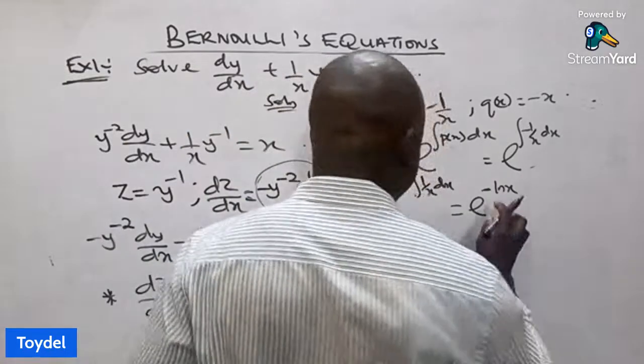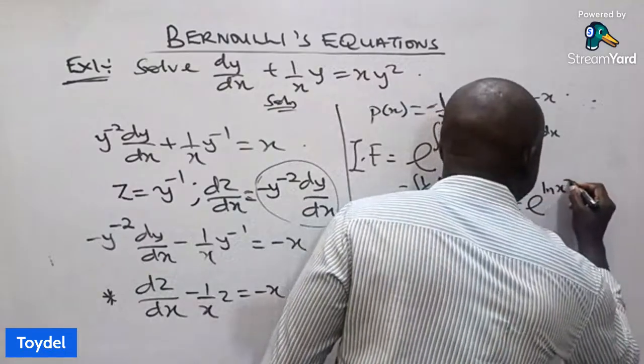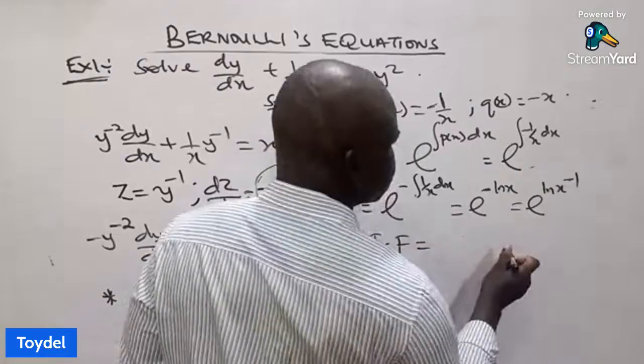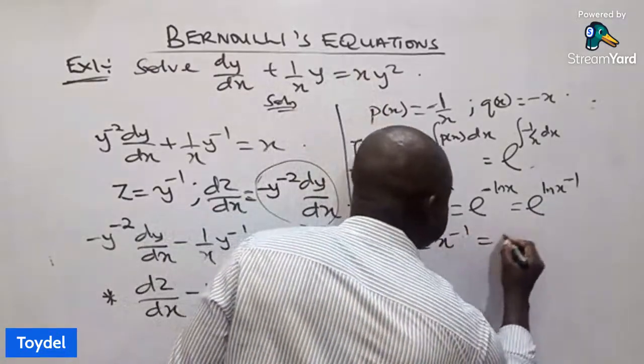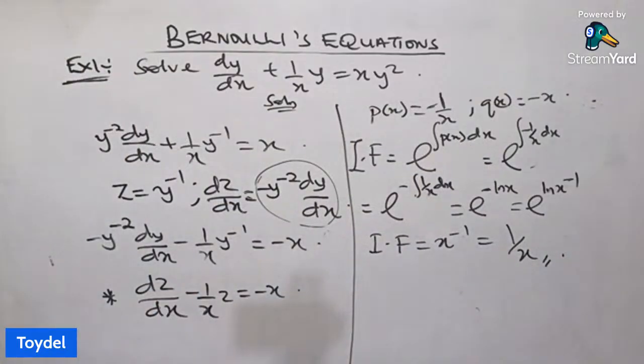This minus can come up to give exponential of ln x raised to the power minus 1, so the integrating factor is x raised to the power minus 1, which is the same thing as 1 over x. So our integrating factor is 1 over x.